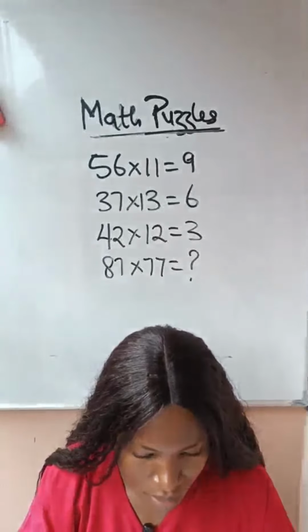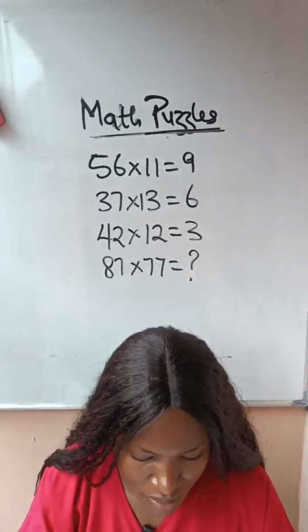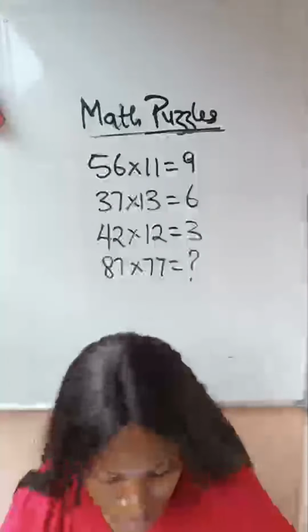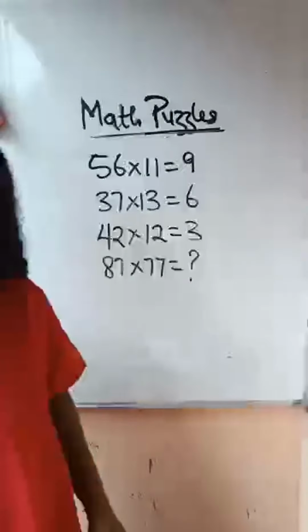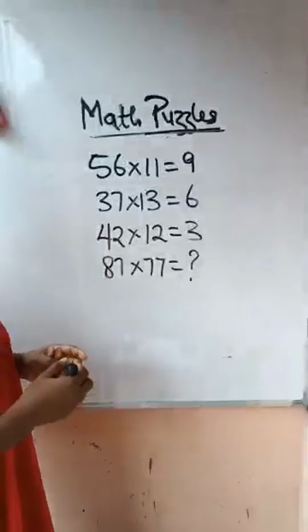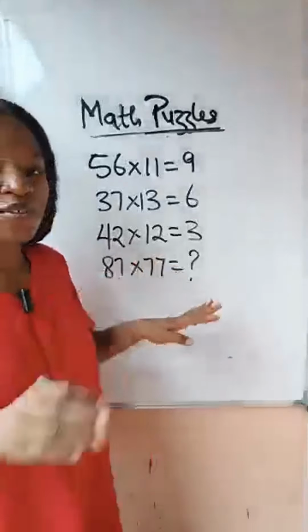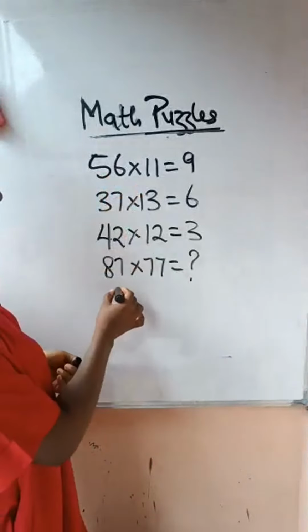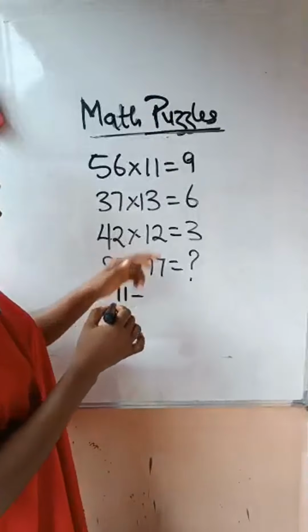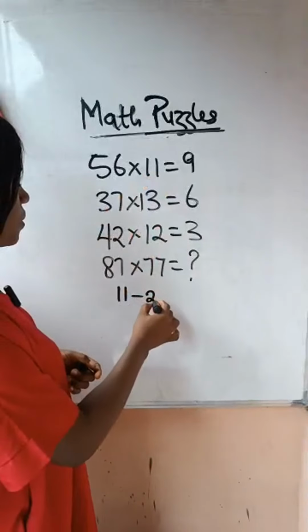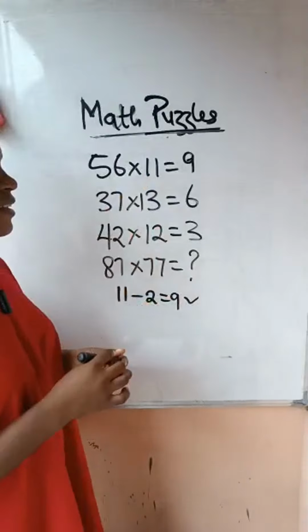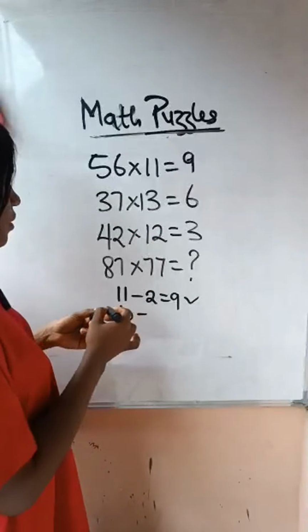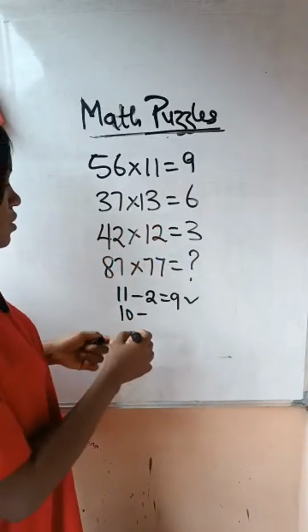Okay, let's solve this together and go over to another question. Like most of you predicted, we have 5 plus 6 is 11 minus 1 plus 1 is 2 and the answer is 9. Okay, we have 3 plus 7 is 10 minus 1 plus 3 is 4.